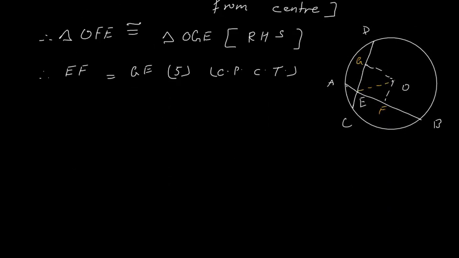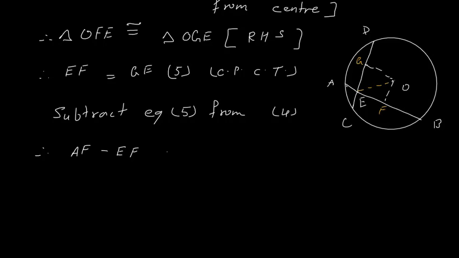In equation 4 we have AF equal to CG. So AF minus EF is equal to CG minus GE.